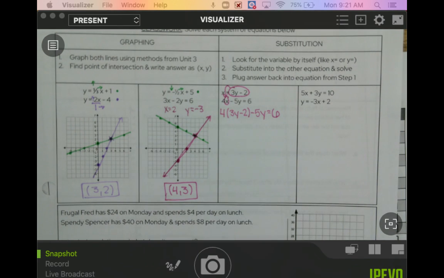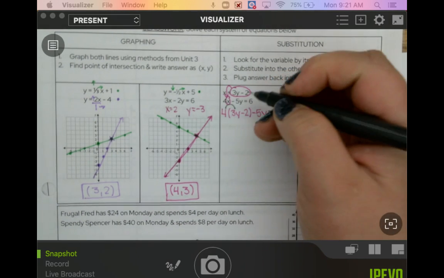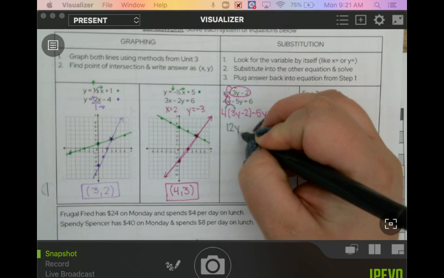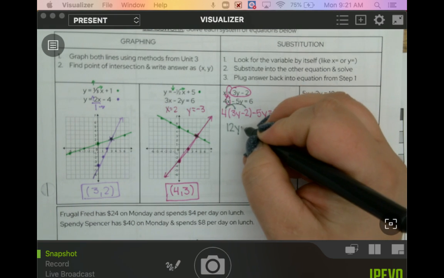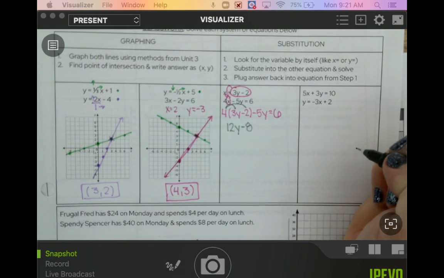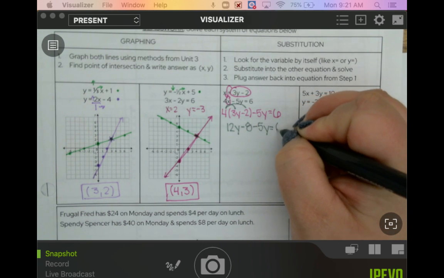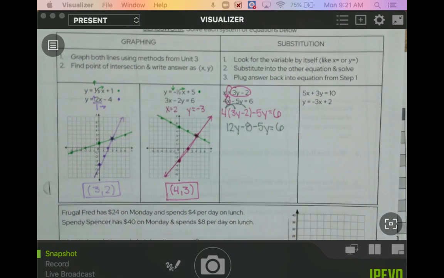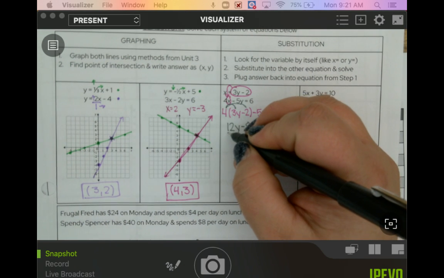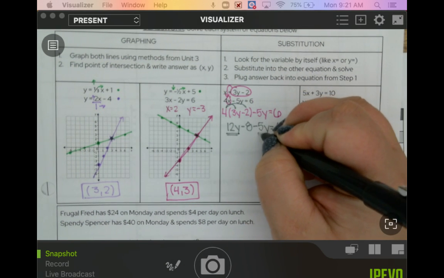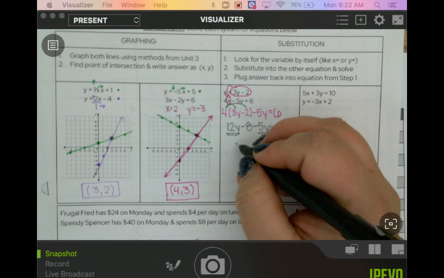So 4 times 3 is 12. And 4 times negative 2 is negative 8. And then write the minus 5y equals 6 at the end. And from here, this is where we're a little bit more comfortable solving. Put your x's together, or sorry, y's. 12 minus 5 is 7.